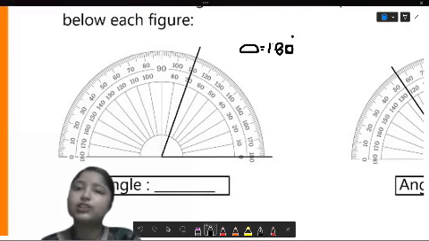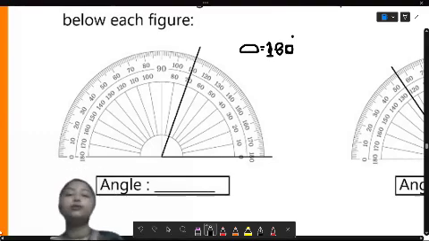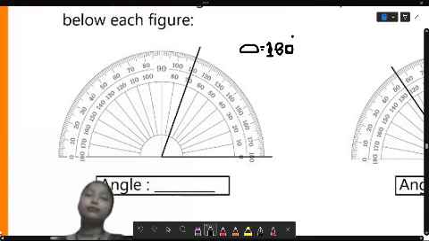And that is enough because we can use the same protractor to measure up to 360 degrees, because if you turn it upside down, it will be a complete circle, and that's going to give you the total value of 360 degrees.